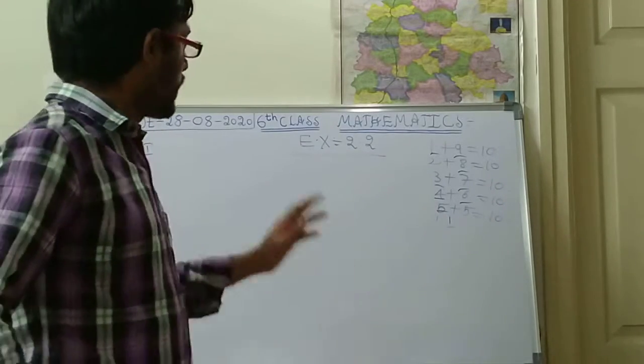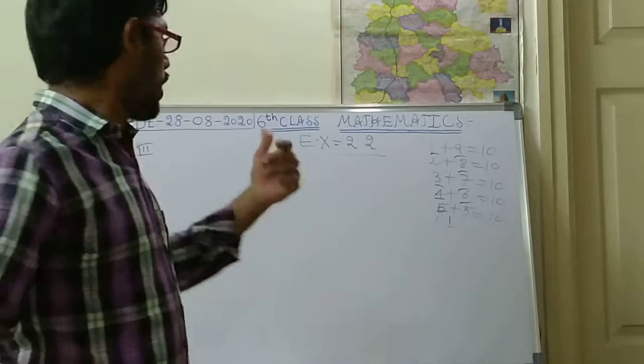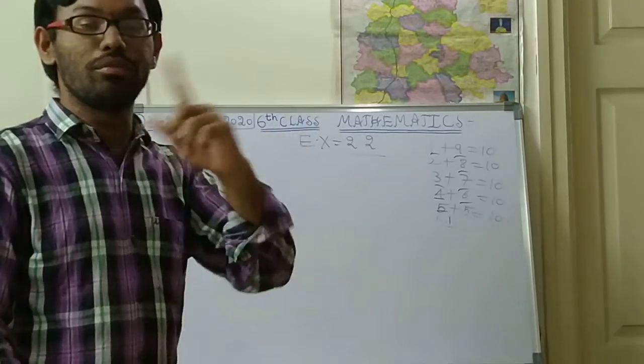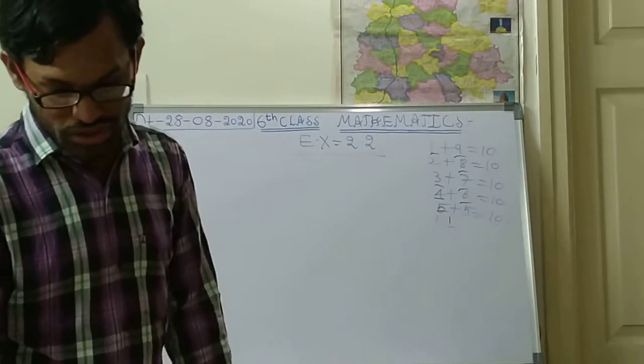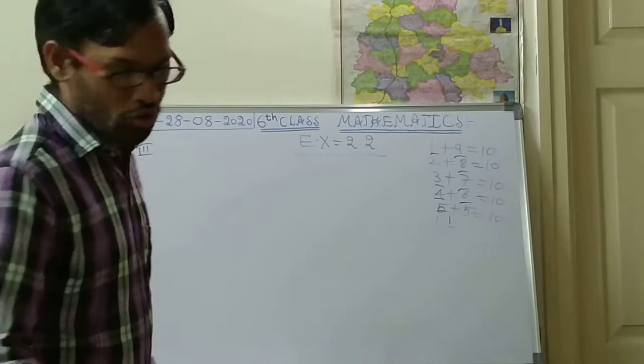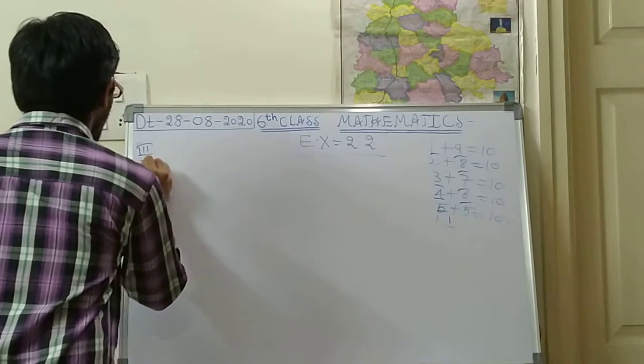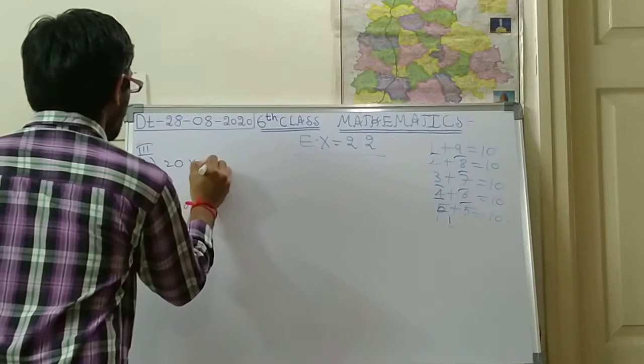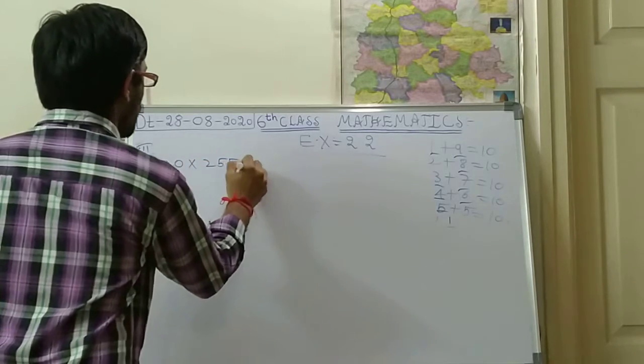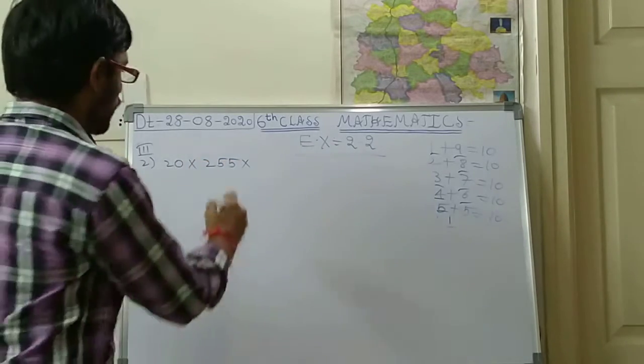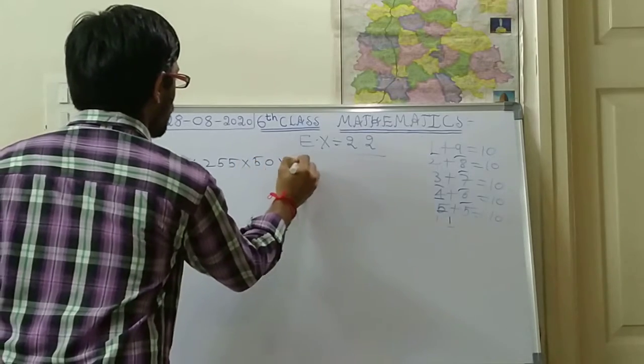Find the product. In the second bit we have done the sum. Now we have to do the product. We have to multiply. Okay. So the first one I already said. Second one, 20 into 255 into 50 into 6.